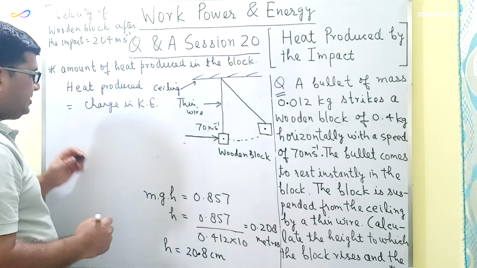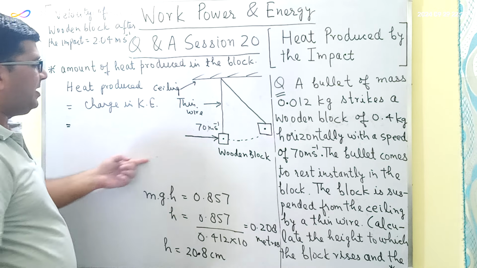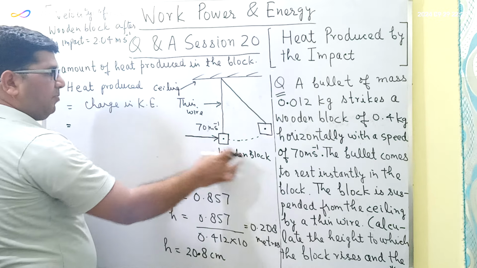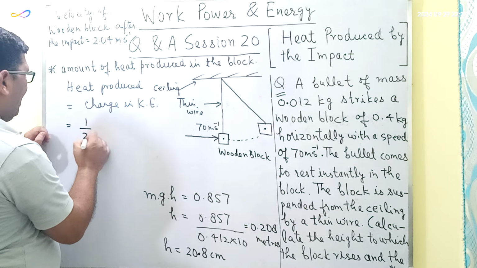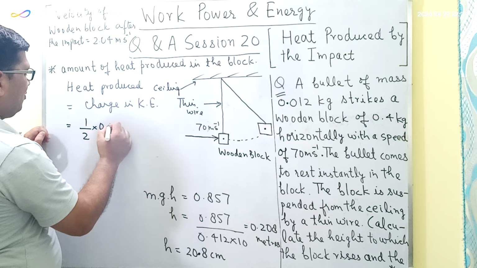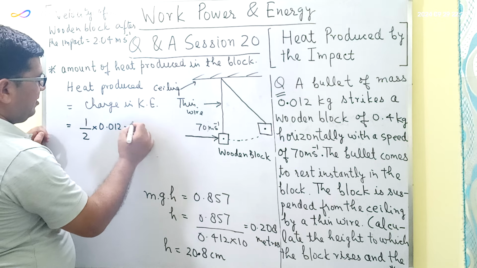Now the change in the kinetic energy: the initial kinetic energy will be equal to the kinetic energy of this block plus the kinetic energy of the bullet. So the kinetic energy of the bullet will be equal to half into m, which is 0.012, into v square, which is 70 whole square.